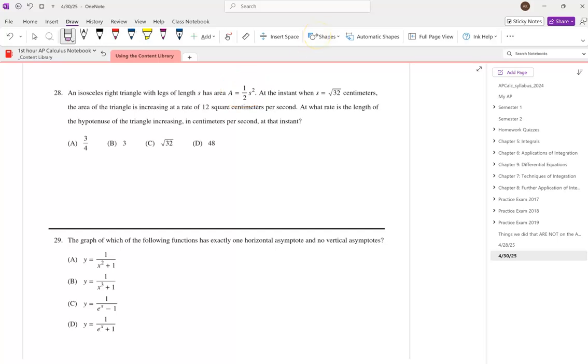So I would start now by writing down what we know. We're told that dA/dt, when s is equal to the square root of 32, is equal to 12. So I'd start by taking the derivative of my equation with A in it to get an equation with dA/dt in it.